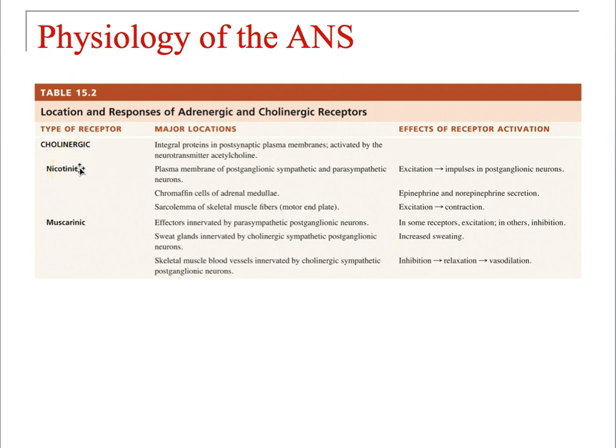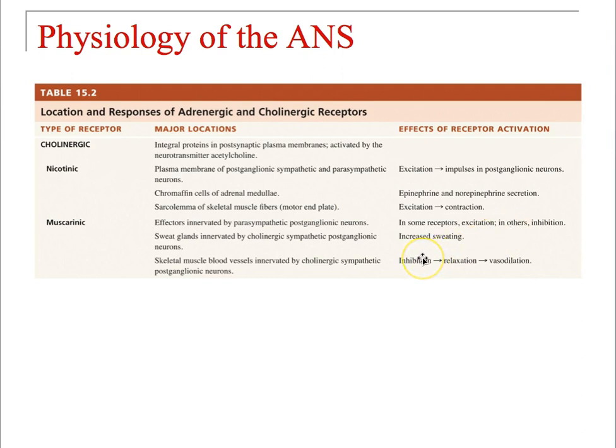And the nicotinic are going to be excitation type, essentially. Generally speaking, the rule is nicotinic receptors cause excitation. If we're having muscarinic receptors being used, in some receptors you're going to see that it's excitation, and in others, it is inhibition.